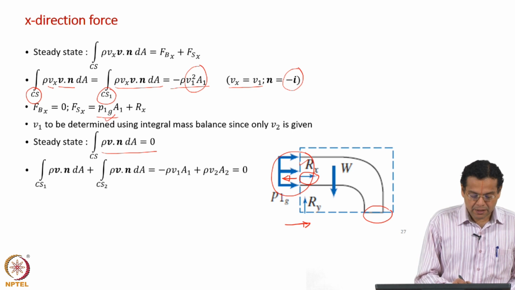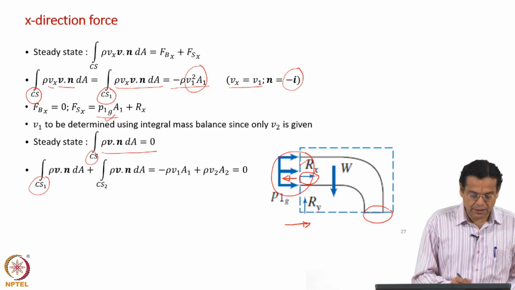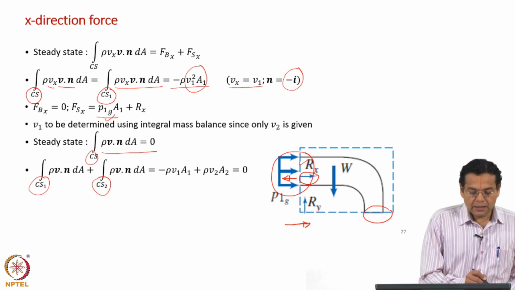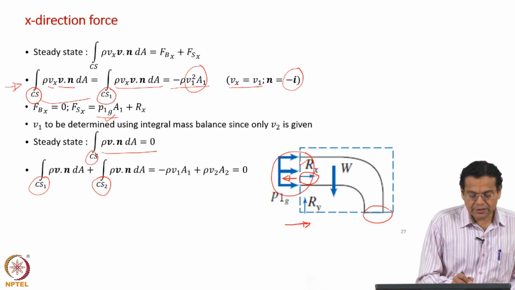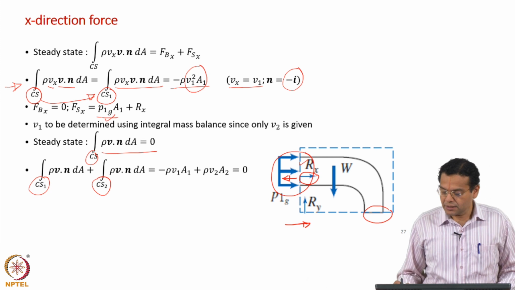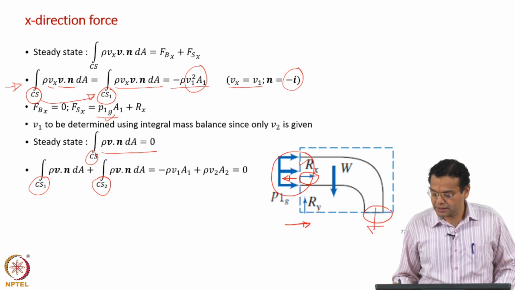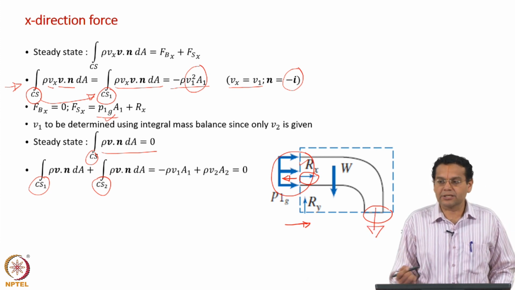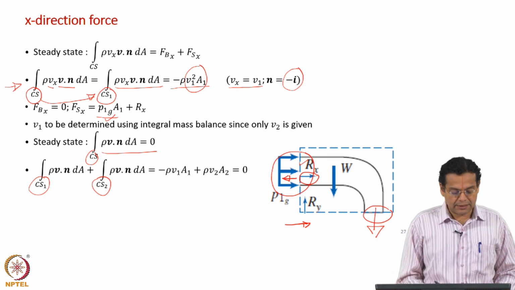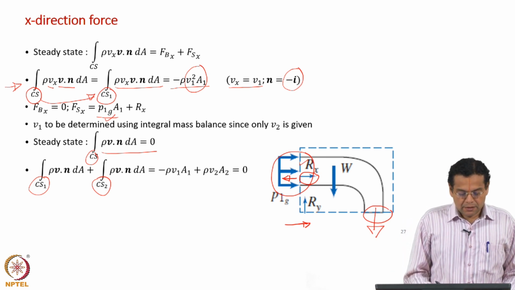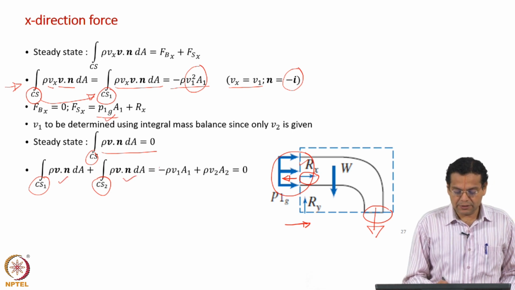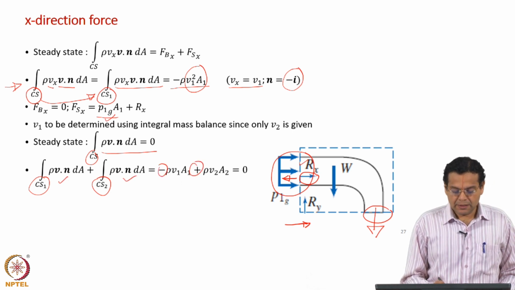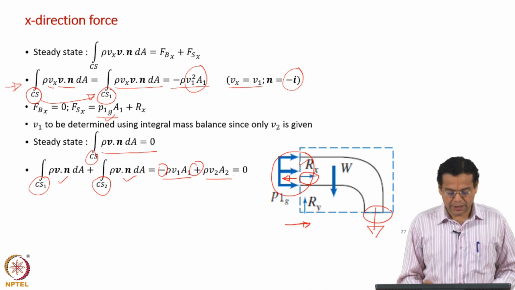So, here the control surface is split into control surface 1 and control surface 2. In the case of the x momentum balance, we wrote the control surface as control surface 1 because the flow in the y direction does not contribute to the x direction force or x direction momentum balance. So, now we substitute: this is inflow, this is outflow, a negative sign and a positive sign. So, this becomes rho v1 A1 equals rho v2 A2.